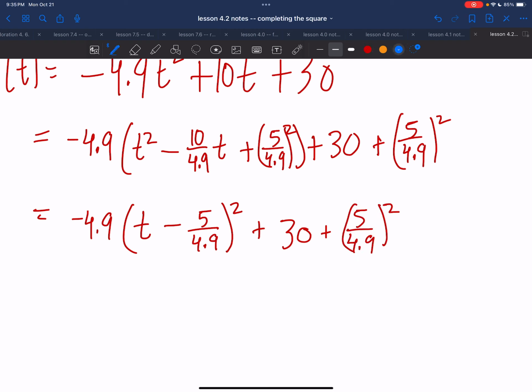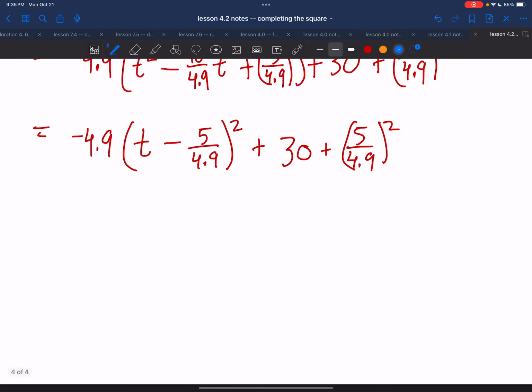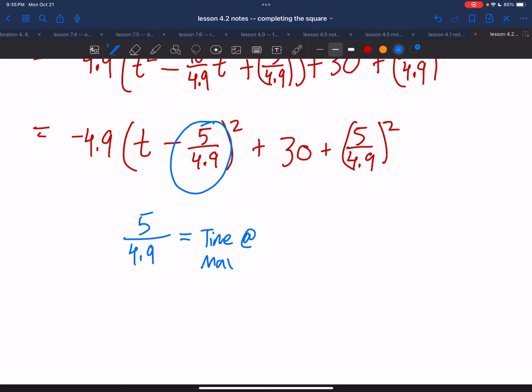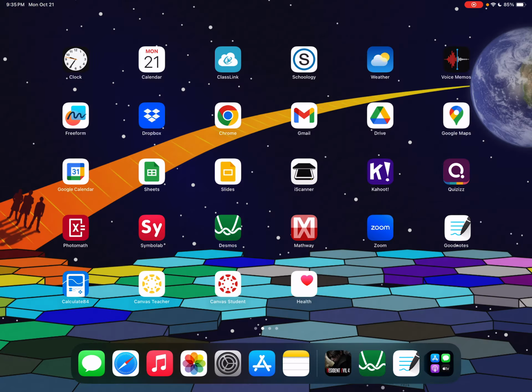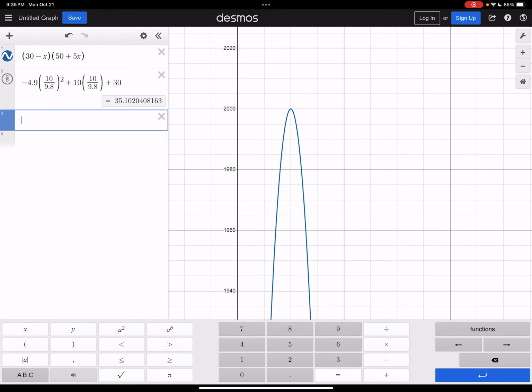So, what does this tell us? This right here, 5 over 4.9, is the time at max height. That's how much time passes so that you're at the maximum height. If you do 5 over 4.9, you get 1.02.